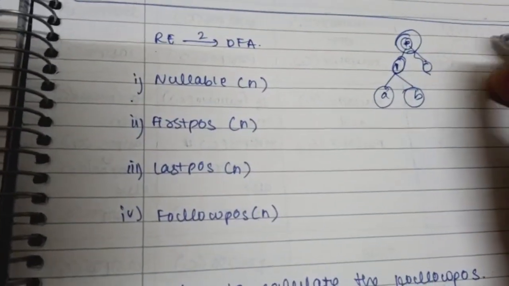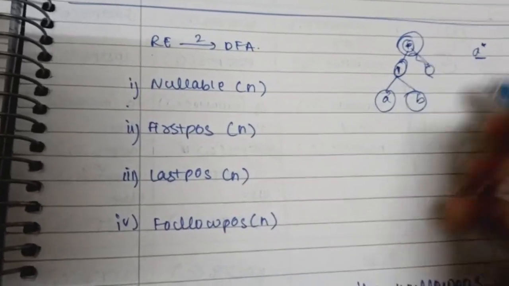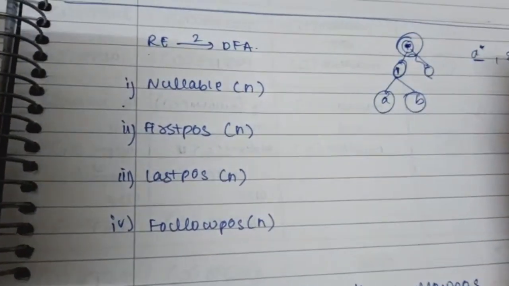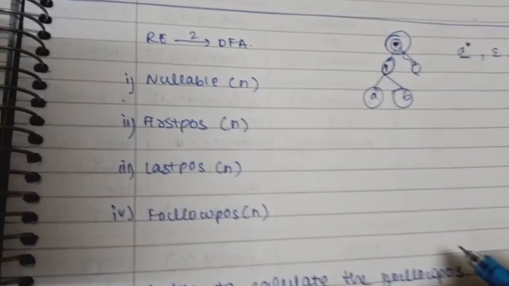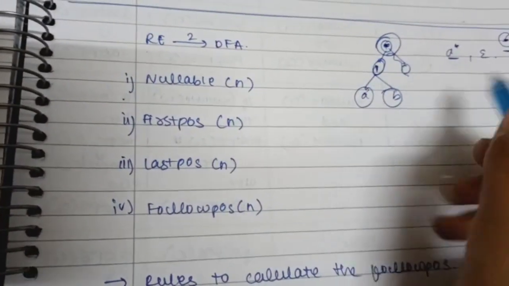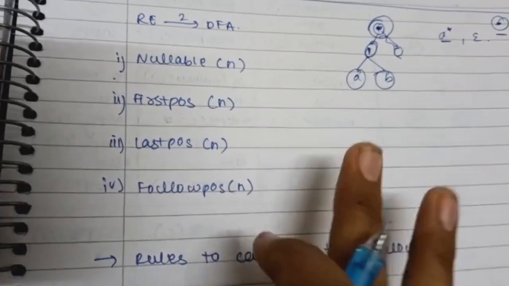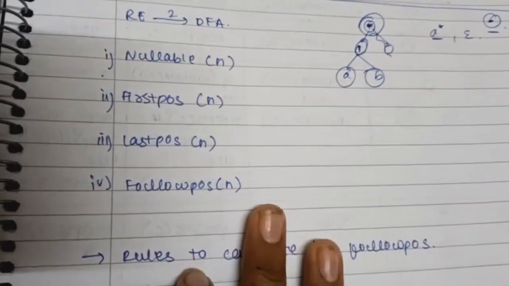For example, I have A star. It represents 0 or more occurrences of A, so null will also be accepted. Therefore the star operator is always termed a nullable operator. If a part of the regular expression can match without consuming any characters, then that node is said to be nullable.